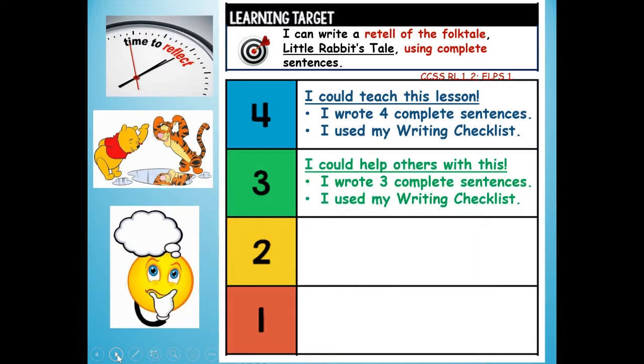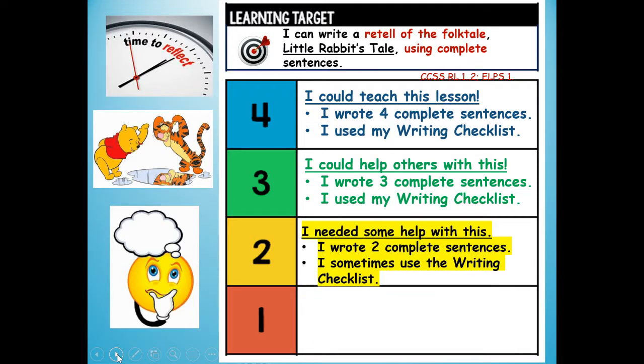Would you give yourself a 3? I could help others with this. I wrote 3 complete sentences and I used my writing checklist. Or would you give yourself a 2? I needed some help with this. I wrote 2 complete sentences and I sometimes used the writing checklist.